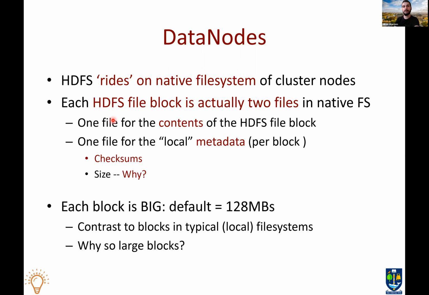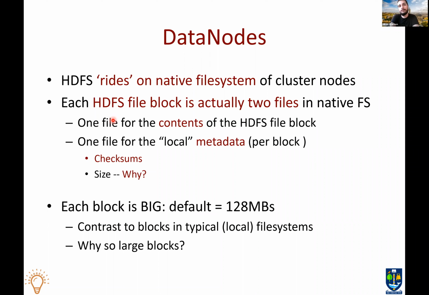Okay, now here's the kink. Each block in HDFS is really big. The default is 128 megabytes. Contrast this to the typical size of a file system block on a local file system. Most of you are probably using Windows or Mac OS X or Linux or whatever.